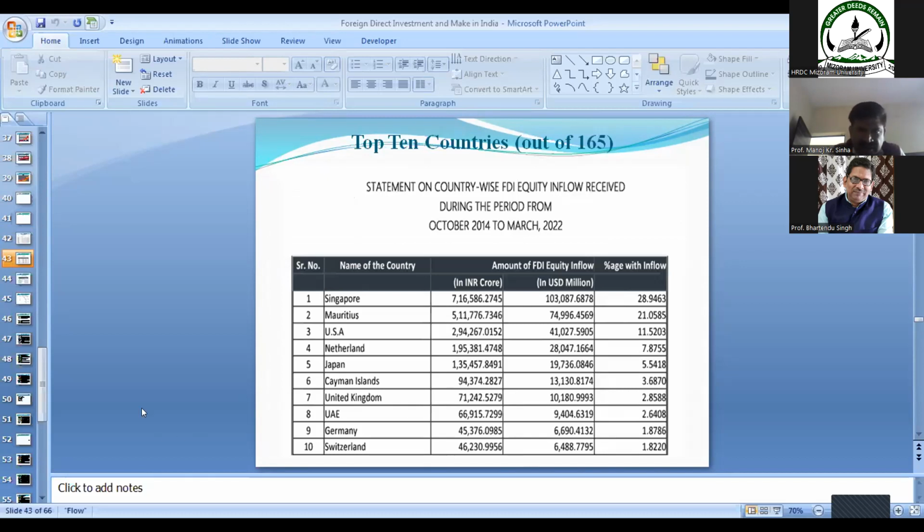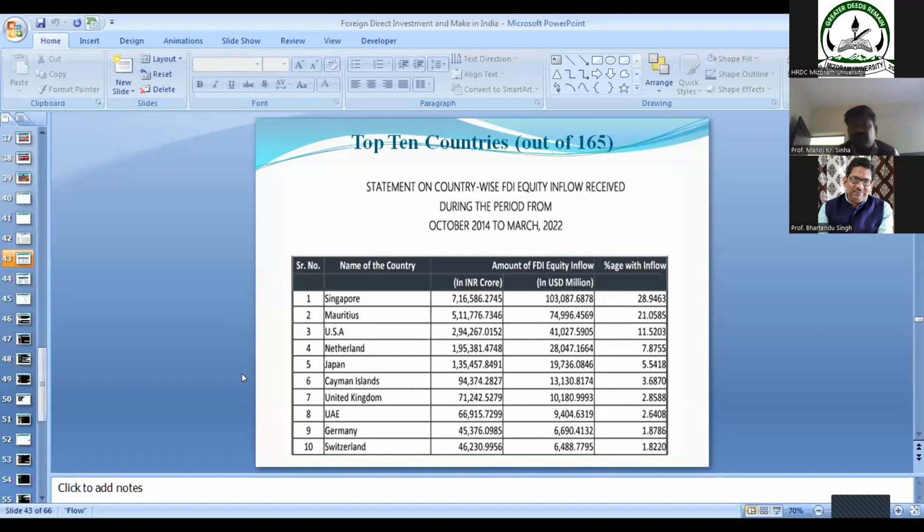Then we have the top 10 countries from where we are getting foreign direct investment. We can see Singapore, Mauritius, USA, Netherlands, Japan, Cayman. These are the top countries, out of 165 countries investing in India.